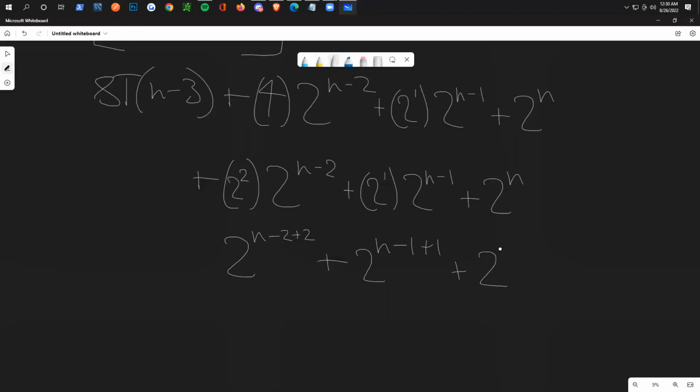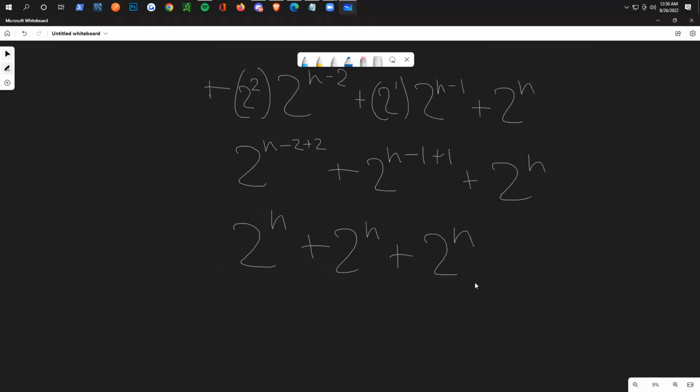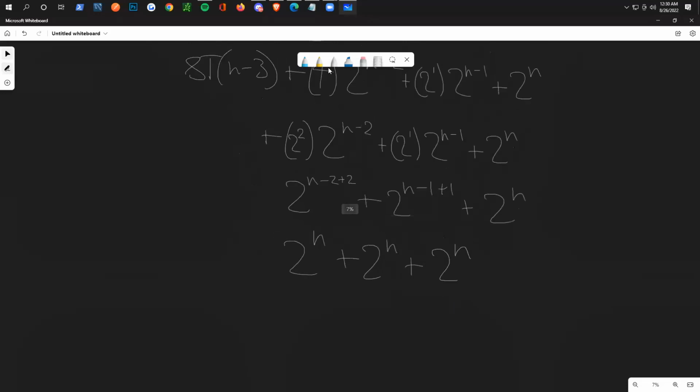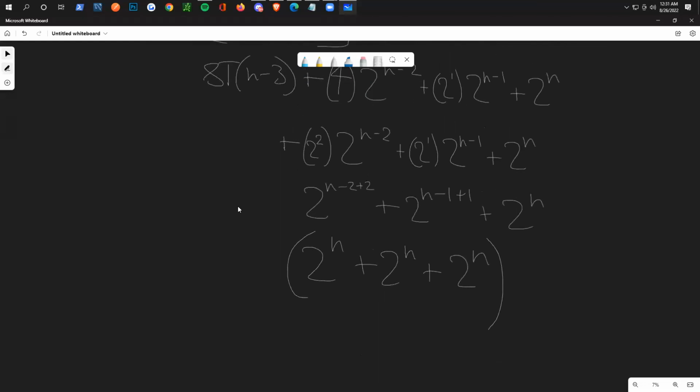Plus 2 to the 0 times 2 to the n, because remember, it's just going to be n plus 0. So 2 to the n. And right here, we're going to have 2 to the n plus 2 to the n plus 2 to the n, right?